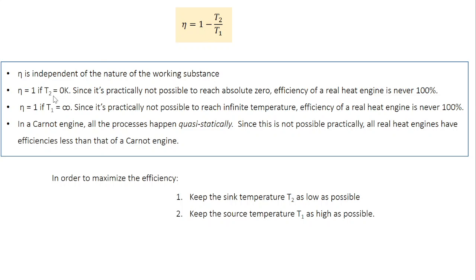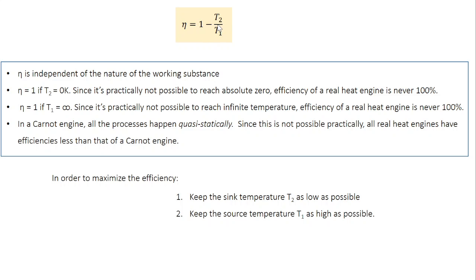Now, is it possible to have zero temperature? Remember, we are not talking about degrees Celsius, we are talking about Kelvin. So we know that it is practically impossible to reach absolute zero. So efficiency of a real heat engine is never 100%. What is another possibility for eta being 100%?